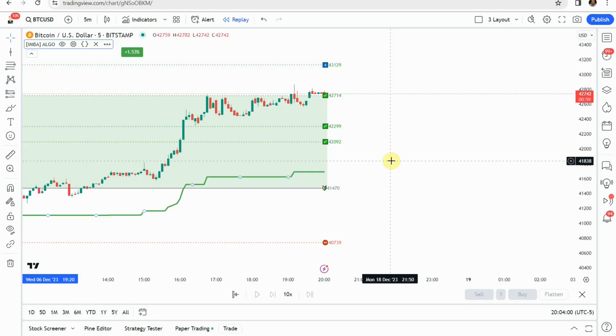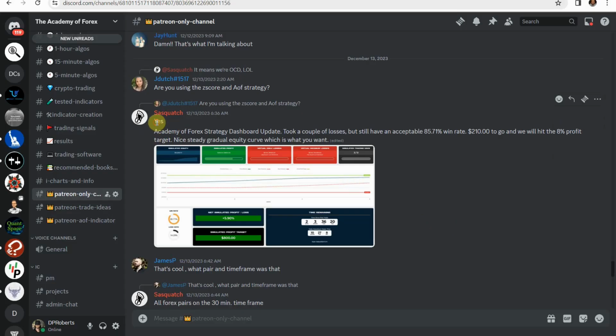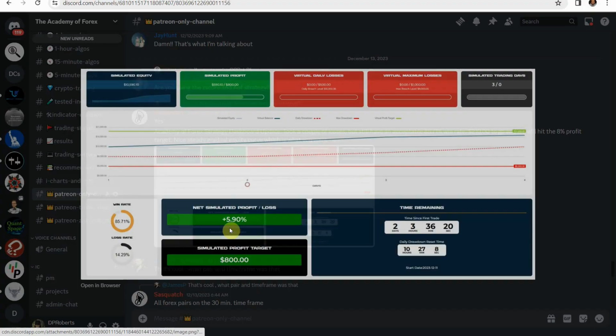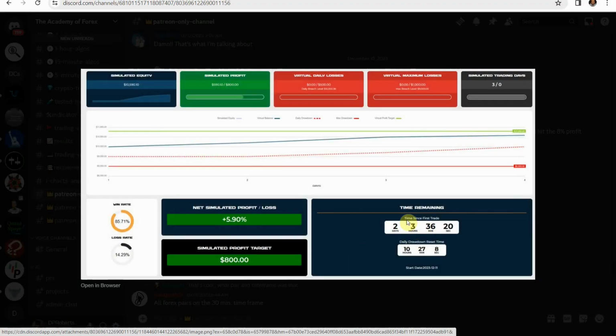So this is Sasquatch here. He is one of the members on our Discord server. He's a professional Forex prop trader. He decided recently to take the Academy of Forex indicator and the Z-score, basically the Academy of Forex strategy, and use it to take a prop firm challenge. You can see here in his first couple of days, he was able to maintain an 85% win rate with a profit factor of 5.90.